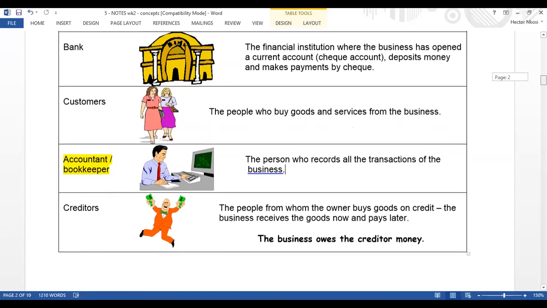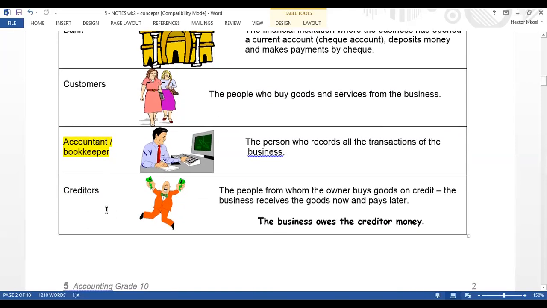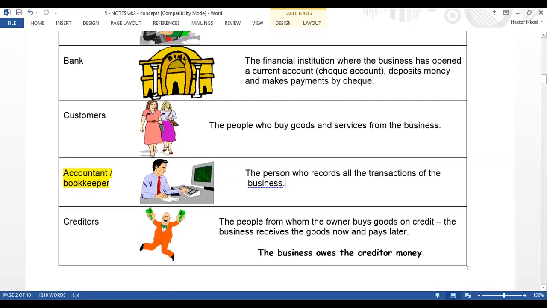You need creditors, guys. Remember, sometimes we do run at a loss. Creditors are the people that the business owes, basically. So let's say I don't have cash now, but I need more stock, I need to notify my creditor that, look, I need so much stock.